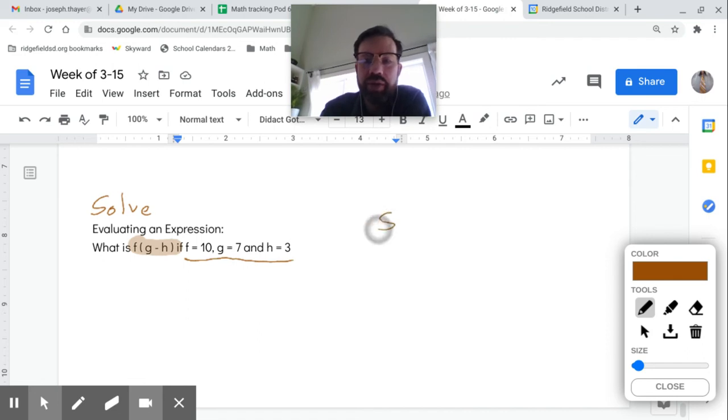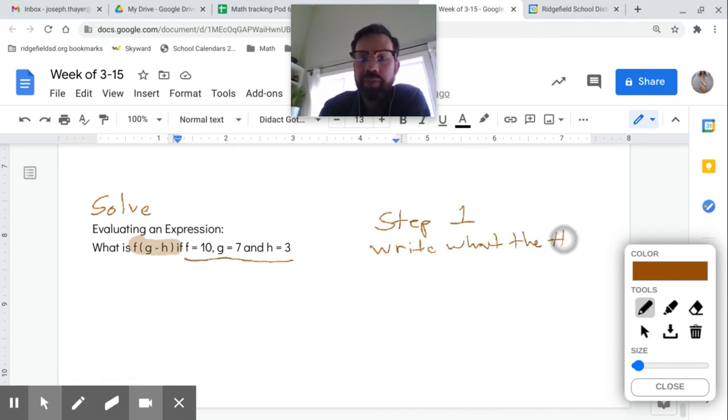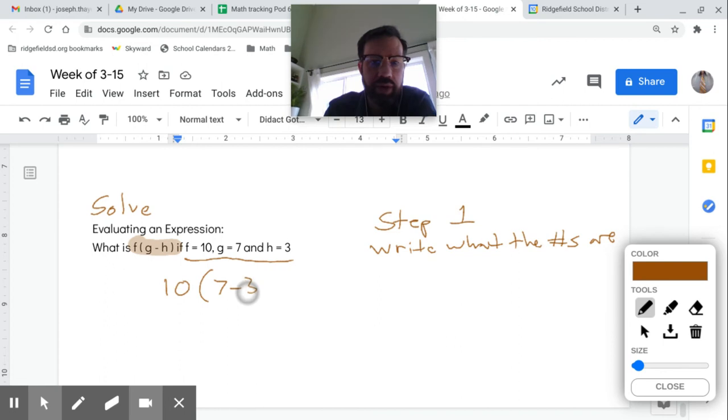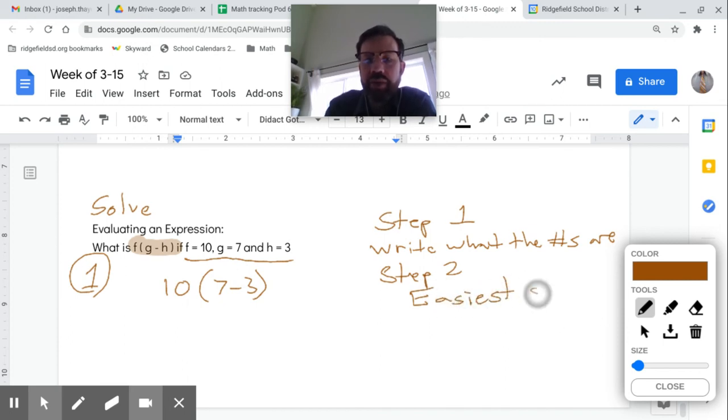So step one in evaluating an expression is to write what the numbers are. So that's going to be 10, because f is equal to 10, times 7 minus 3. That's step 1. Step 2 is to do the easiest step. What's the easiest thing we can do?